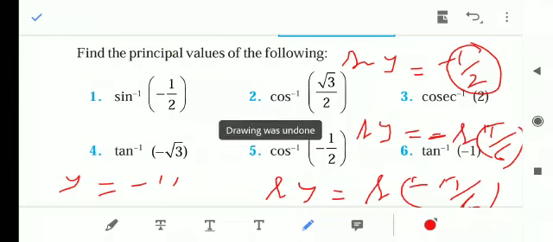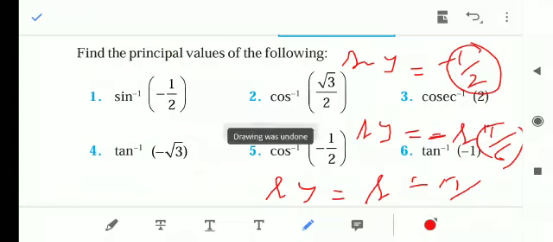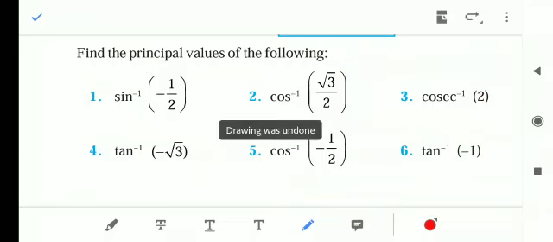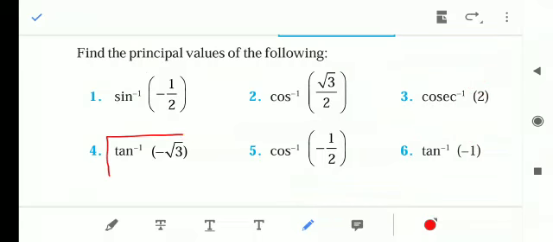Let us solve a few more questions based on this concept. Look at question number 4. In question number 4, we can see that tan inverse minus root 3, right? So we can write tan y equal to minus root 3, right?